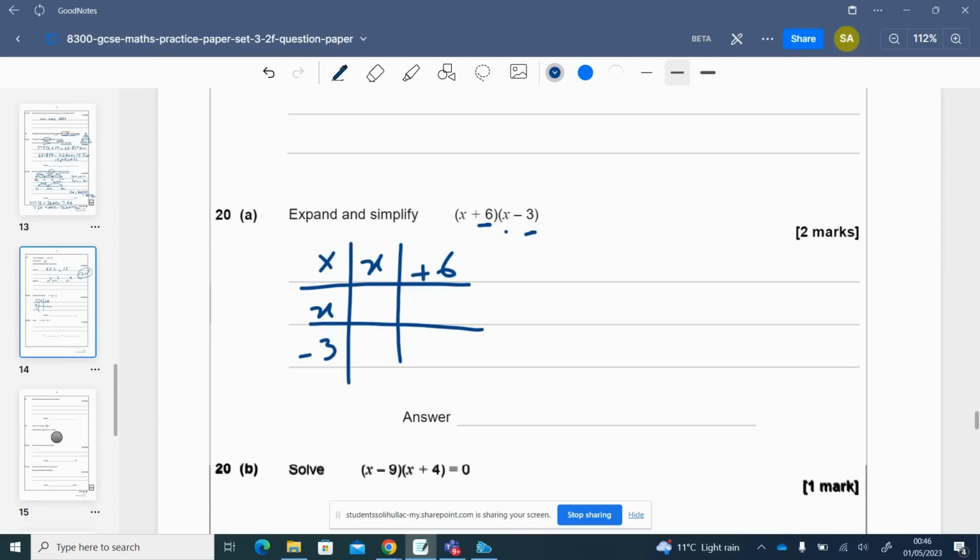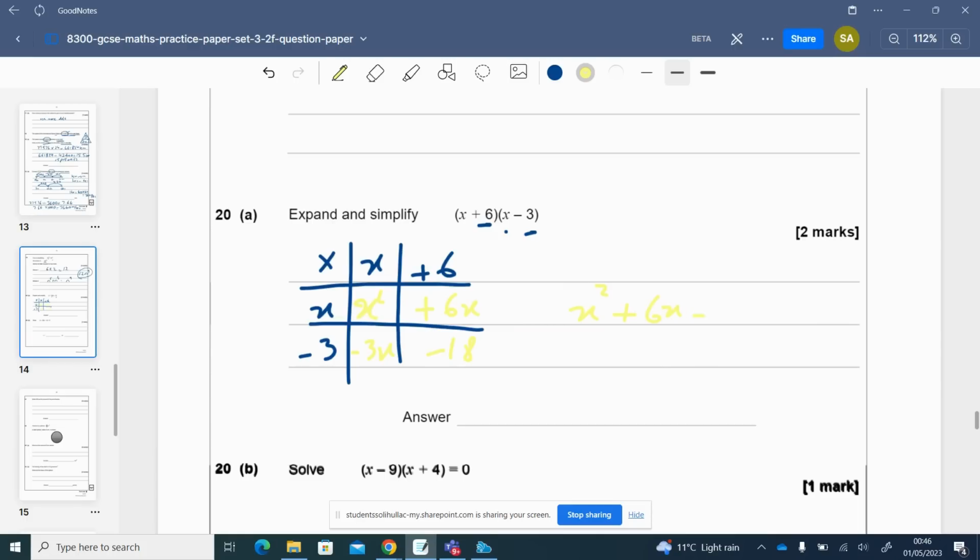Then we multiply. x times x is x squared. x times plus 6 is plus 6x. Minus 3 times x is minus 3x, and minus 3 times 6 is minus 18. Then you just need to combine the terms together.